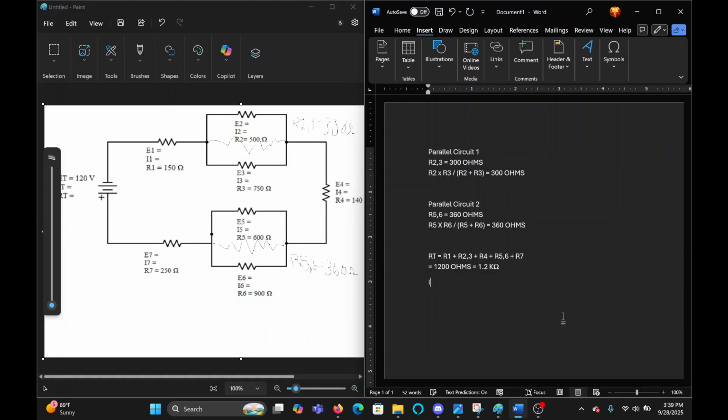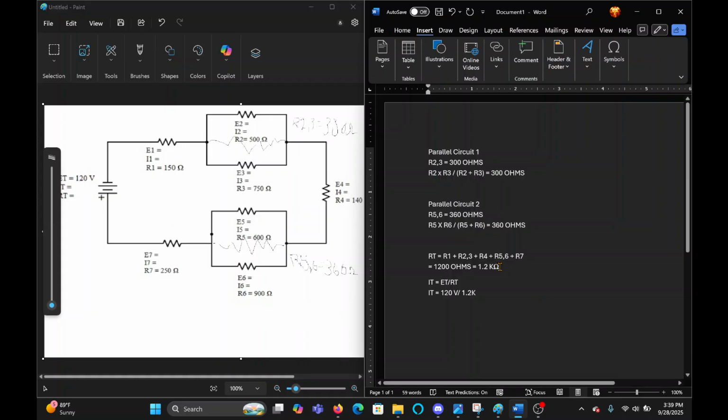So IT is going to equal ET divided by RT. So IT is going to equal 120 volts divided by 1.2 kilo ohms.